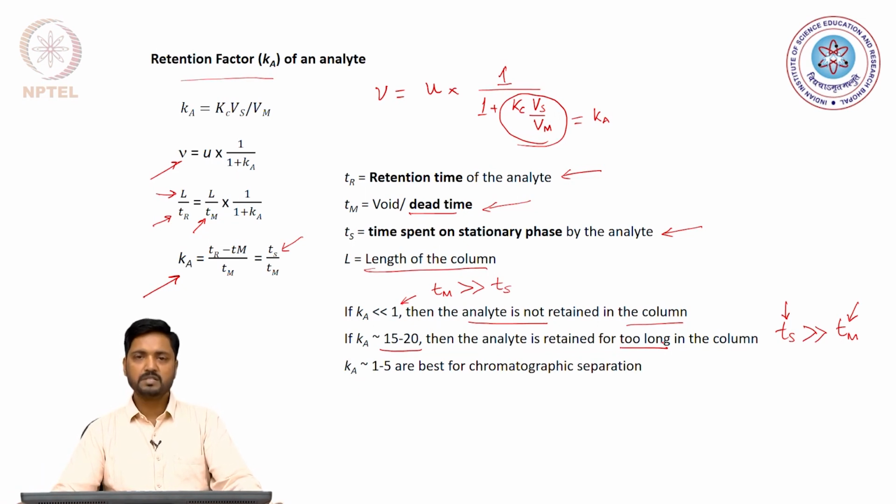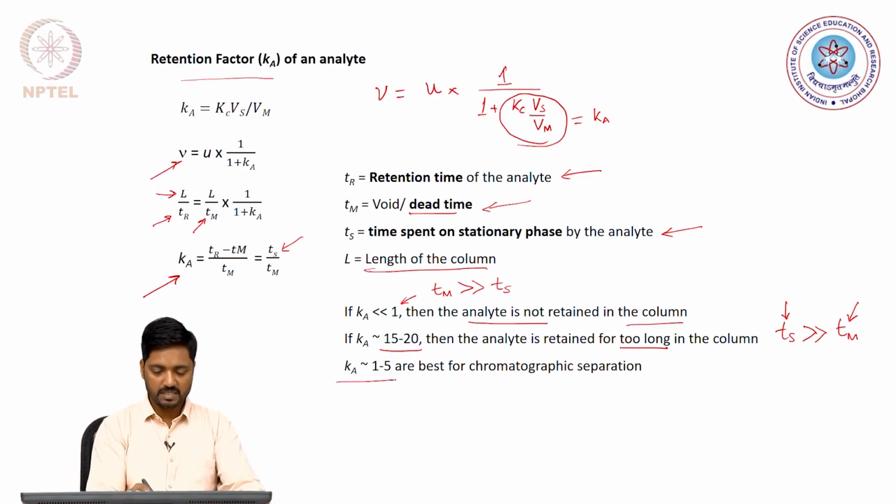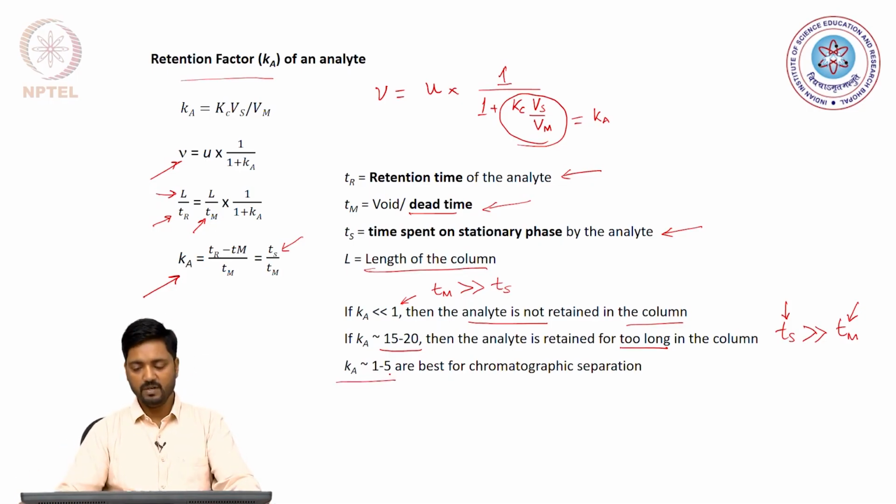So, the best scenario for us is when the retention factor is in the range of 1 to 5, and this is where the best chromatographic separation can be achieved.